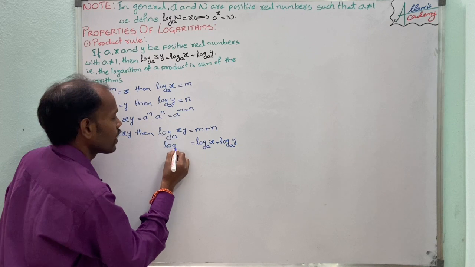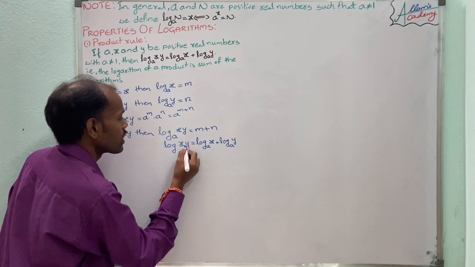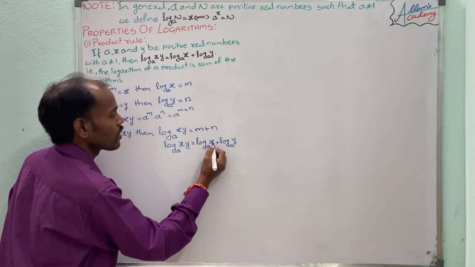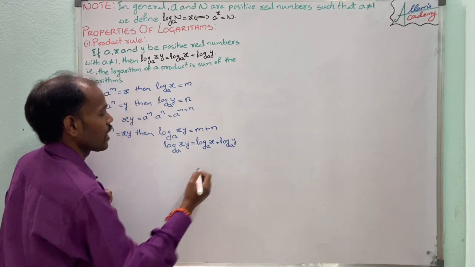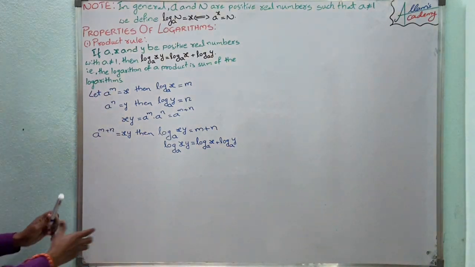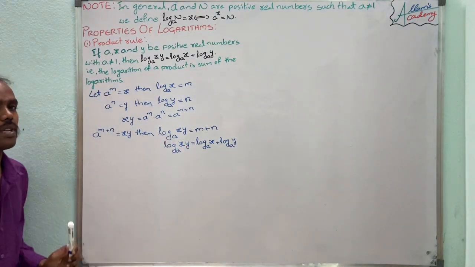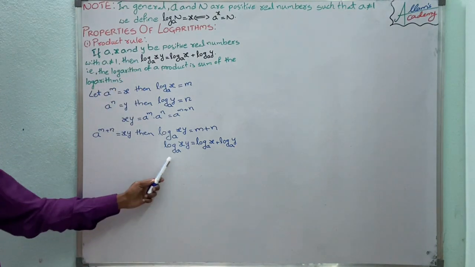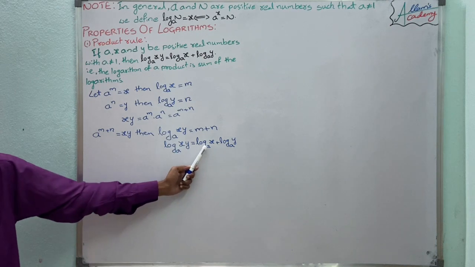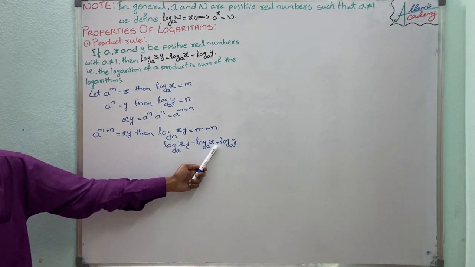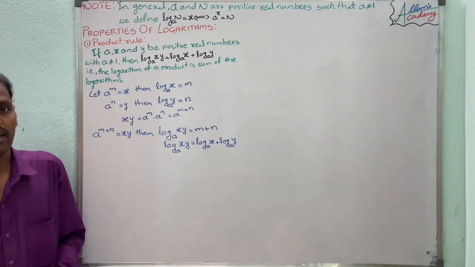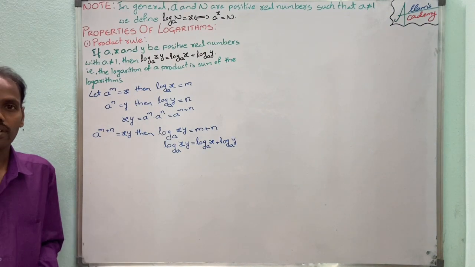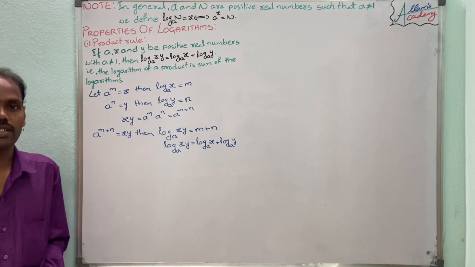So log xy base a is equal to log x base a plus log y base a. That is the answer for log xy base a. So it is the first rule, the product rule. The logarithm of a product is equal to the sum of its logarithms. That is over. Now we see the next rule.